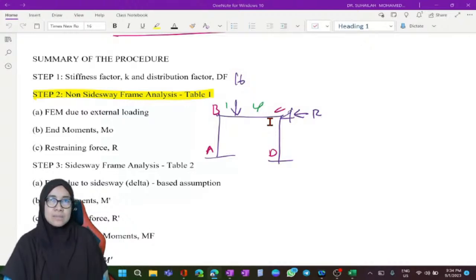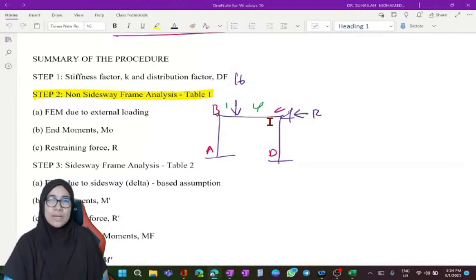In series number 2, I discussed table number 1: calculating fixed end moment, calculating member end moment, as well as how we determine the restraining force in the non-sidesway analysis.